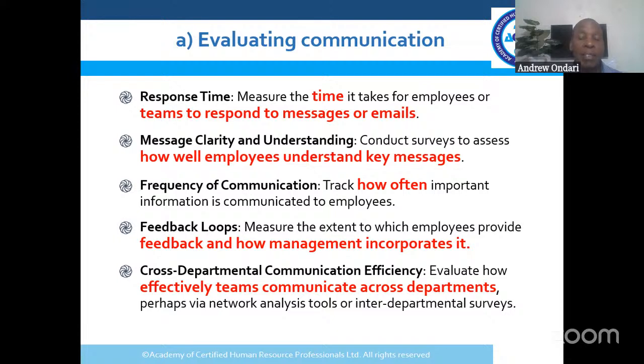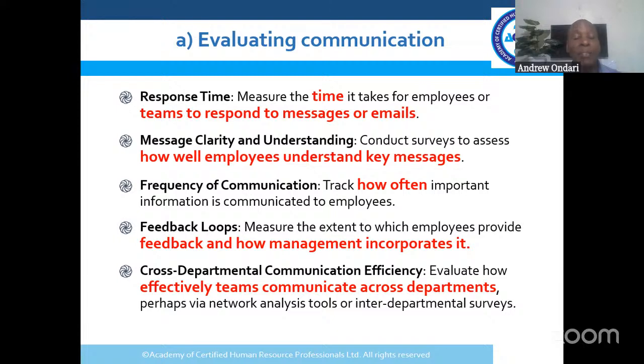Be it recruitment, we need feedback from the employees that we have hired on how well the onboarding was, for example. In training, we need feedback to know how well the training has transformed the organization in terms of results.